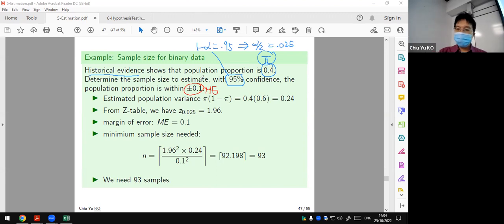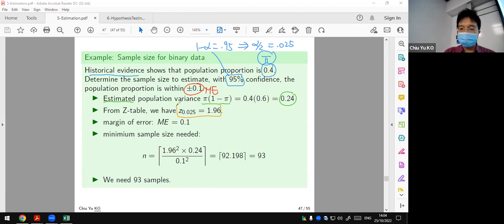The first thing to calculate is the population variance, which is pi times 1 minus pi, that is 0.024.